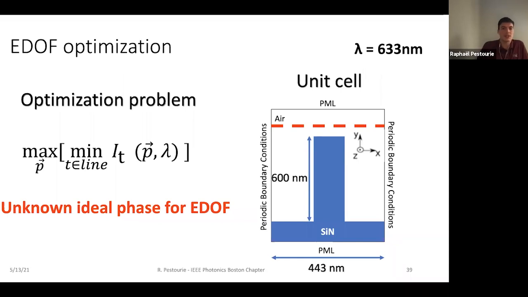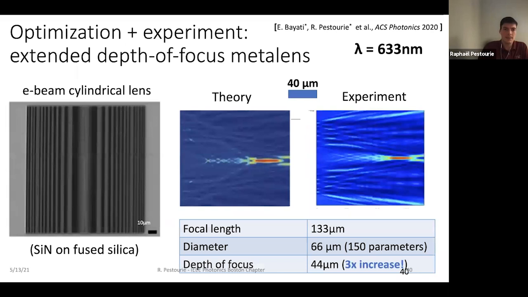Something to realize is that you don't know the ideal phase for that. So you cannot use the phase matching technique anyway. So you have to do some type of inverse design. And we designed here the width of a pillar of silicon nitride on top of a substrate of silicon nitride at the wavelength of 633 nanometers.